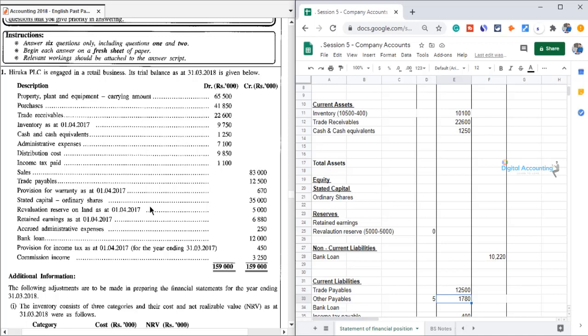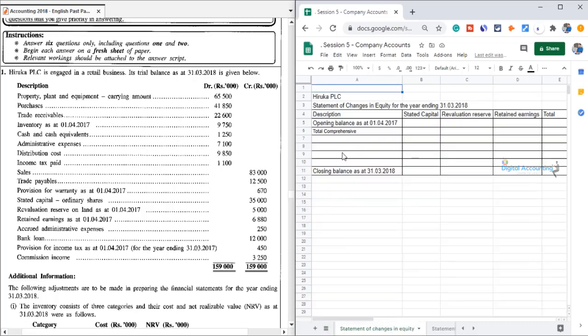We have done with that. Stated capital ordinary shares 35,000. So that's the opening balance, 35,000. Revaluation reserve on land as at 1st April 2017 is 5,000. Revaluation reserve opening balance. Retained earnings as at 1st April 2017, 6,880.